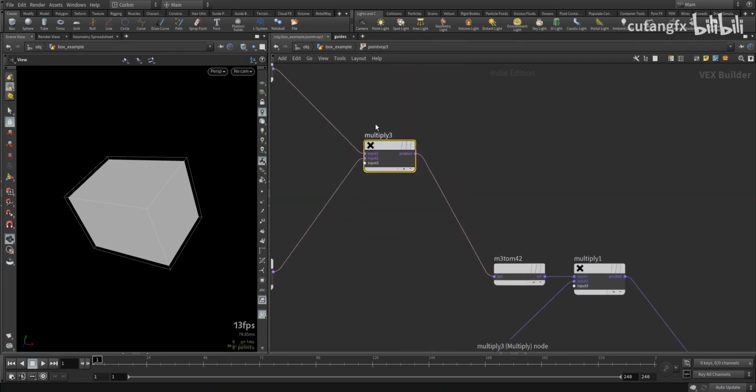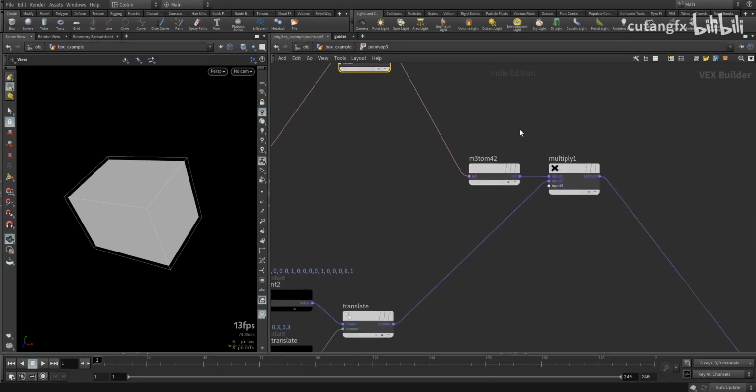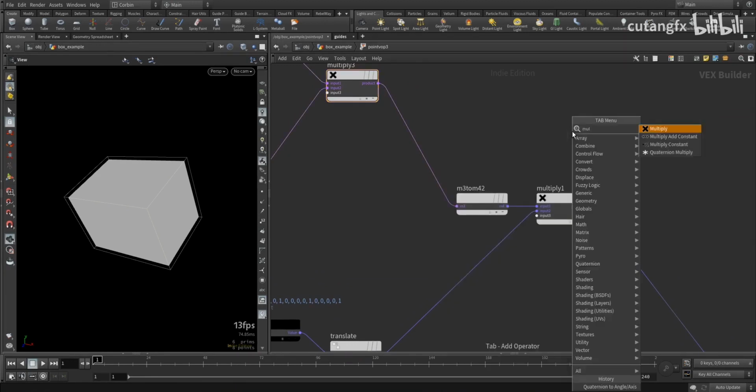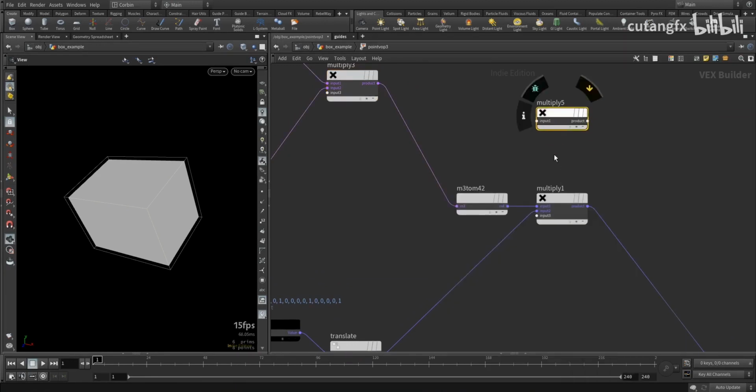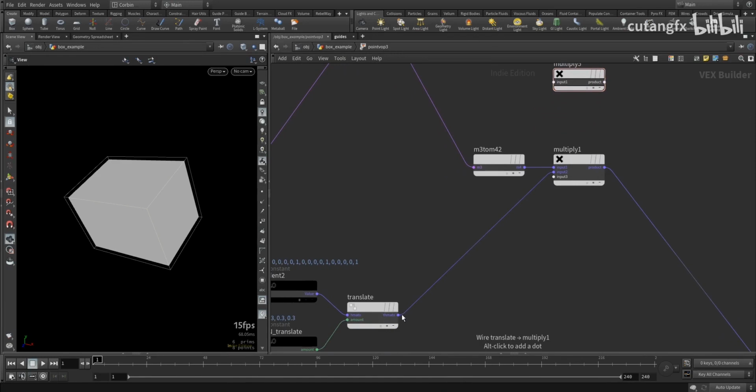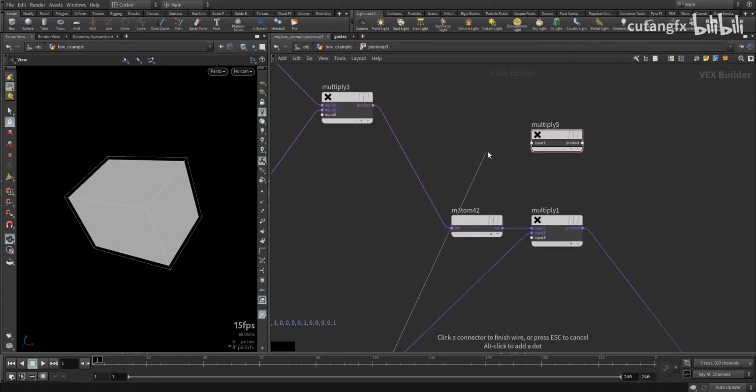But after scale and rotate are combined, we still have a 3x3 matrix. What we need to do is change it to be a 4x4 matrix. The easier way would be to use the way Houdini works, the convention being that the first input determines the output.